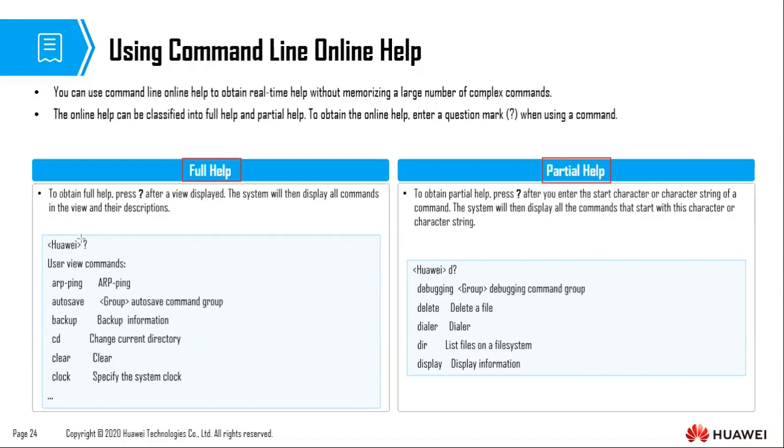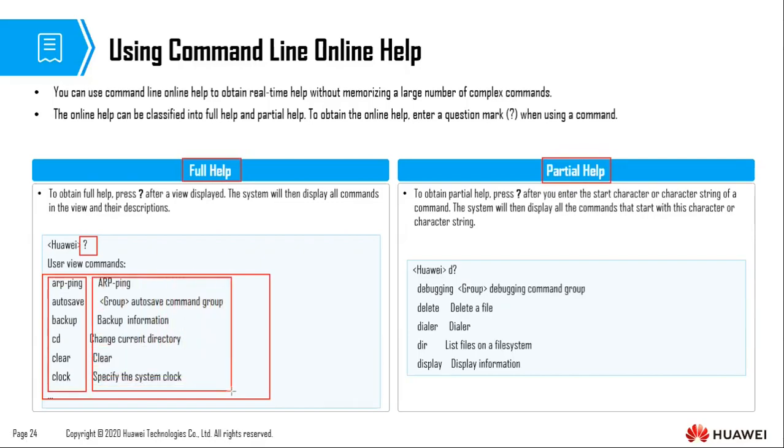Now, full help is when you get to a particular view and you just press a question mark, then you press enter on your keyboard. When you do that, a list of all the commands that are possible on that view are going to be displayed, and not just the name of the command, but the name of the command in one column and the function of that particular command.